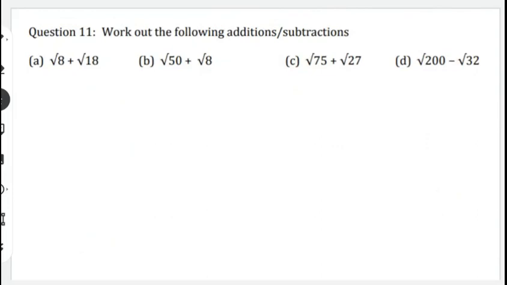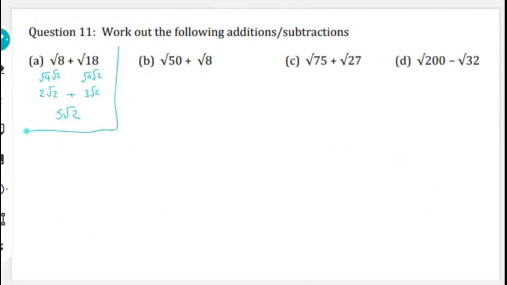Cool. Okay. For the first one, I got 5 root 2. Yep, because the square root of 8 is root 4 root 2, which is 2 root 2. Square root of 18 is root 9 root 2, 3 root 2, so that's 5 root 2.